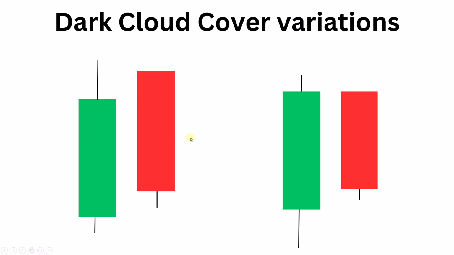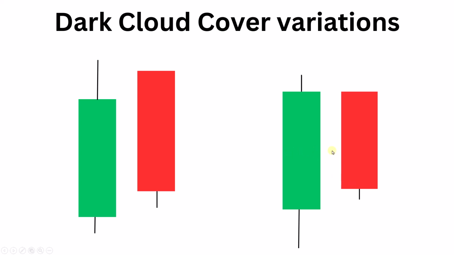Here the opening is below the high of the green candle. Here the opening is below, but at the same level as the closing of the green candle too. So the closing level and the opening level are the same, but the close of this red candle is below the midpoint of the green candle, which is what we want.